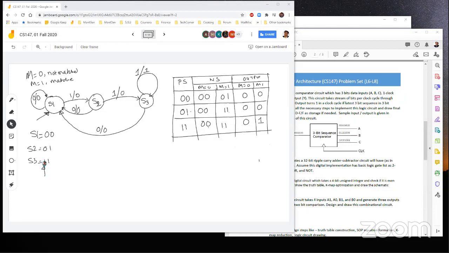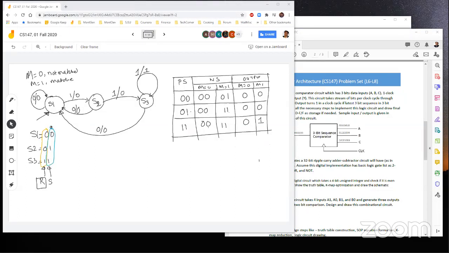Let's call this variable R, just arbitrarily, it has nothing to do with the latch RS, just arbitrary names, R and S. So Boolean variable R will represent the higher bit, and Boolean variable S will represent the lower bit of the state encoding.